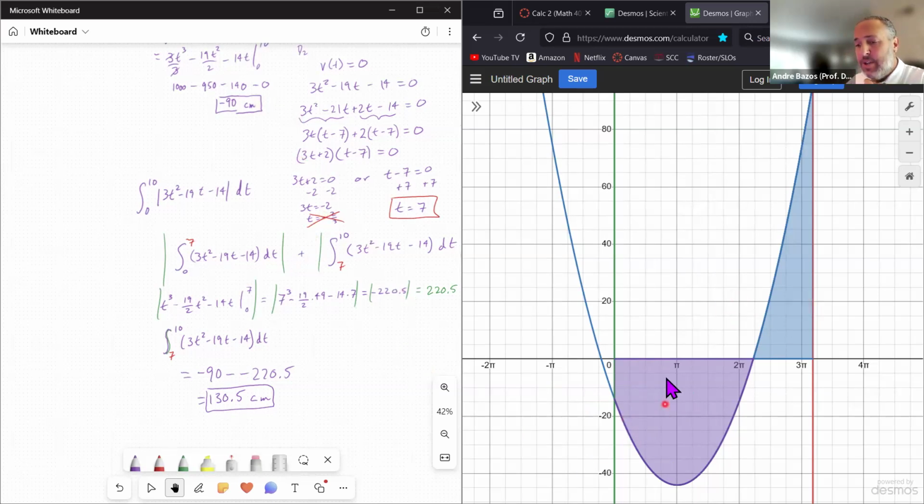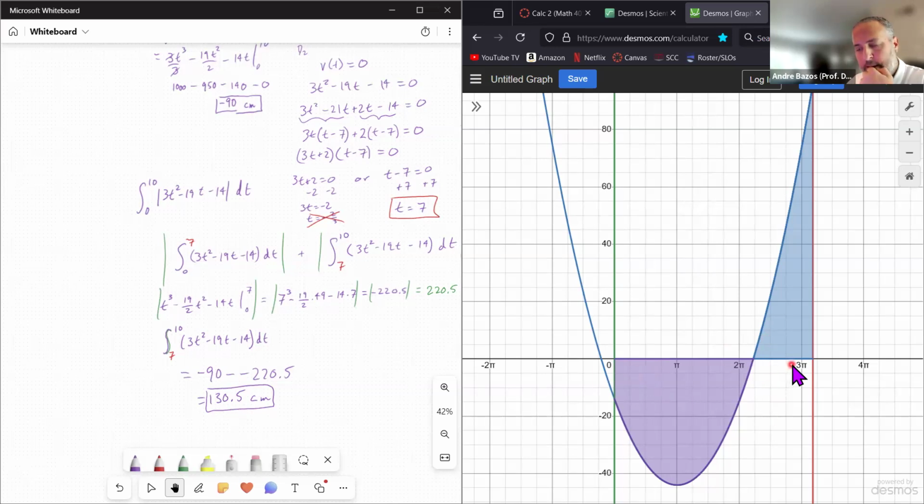But when we add these two, this area is that, I don't think we found this. Oh no, this is the 7. So this is the negative 220.5 that we found right here. And this area is the 90 that we found. No, that area, sorry, I'm having problems with this.